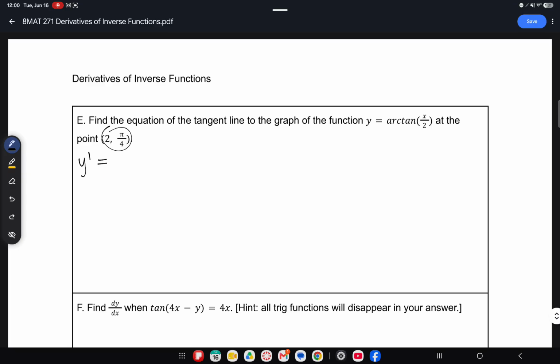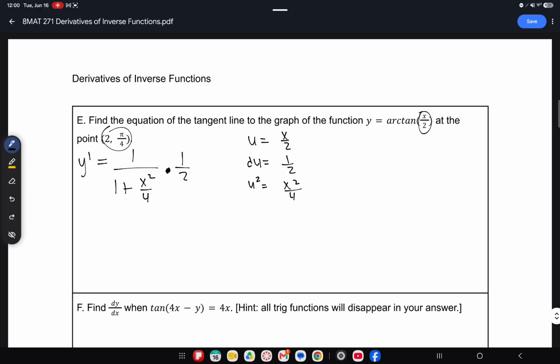So for my derivative, I have a u. So u is x over 2, which means my du is just 1/2. And then my u squared is going to be x squared over 4. So we'll have 1 over 1 plus x squared over 4, times the 1/2. And then I can just plug in my point.